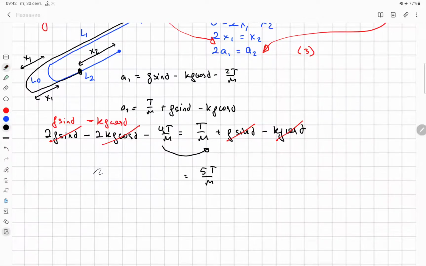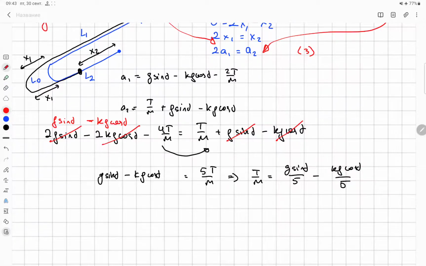It means I can take g outside, or let's leave it like that. g sine alpha minus kg cosine alpha equal to 5T over m. From here, T over m equal to g sine alpha over 5 minus kg cosine alpha over 5.